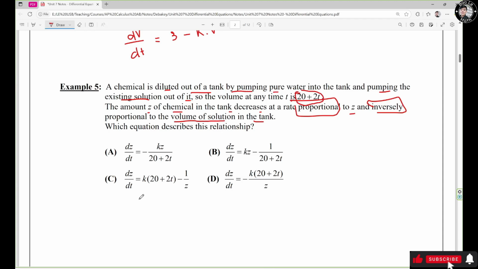Alright, so you have C prime. Decreases, which means subtraction, at a rate proportional to C, so it could be k times C. And inversely, so divide by the volume, so it could be 20 plus 2t, the volume right here. Then the answer is A, because C prime is actually dc over dt.